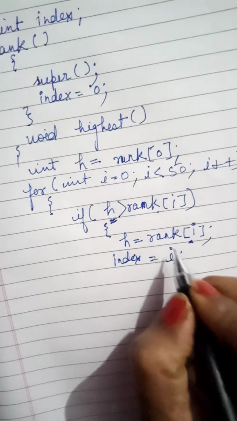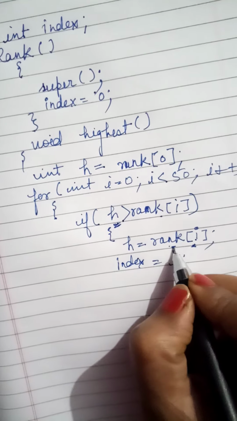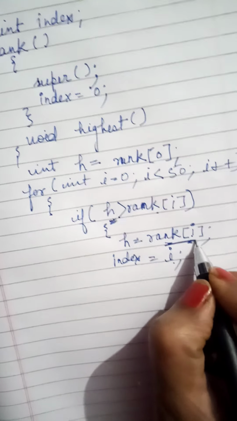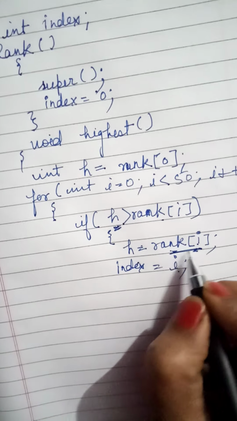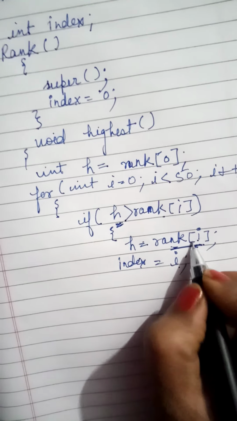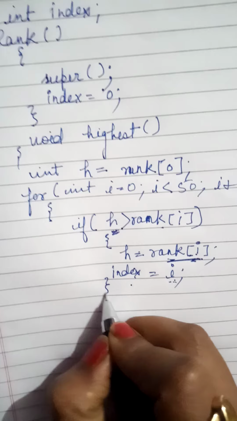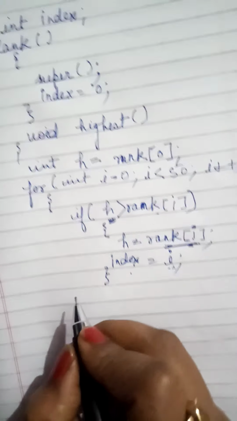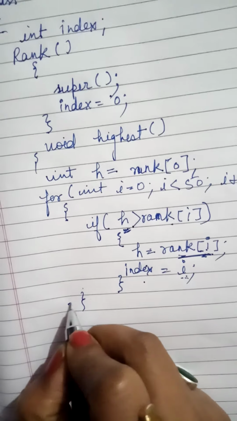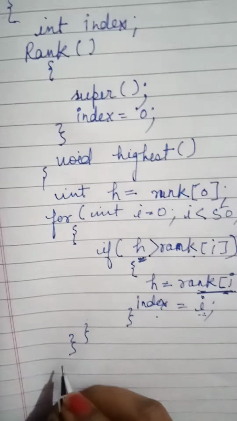So we are storing rank[i], the value at this index, within h, and the index number into index. Okay, now close the for loop and the function also.